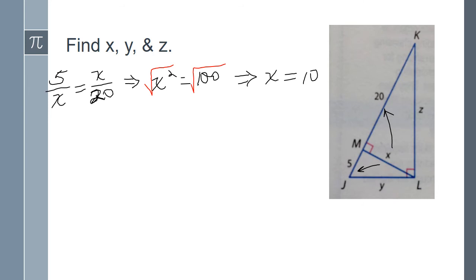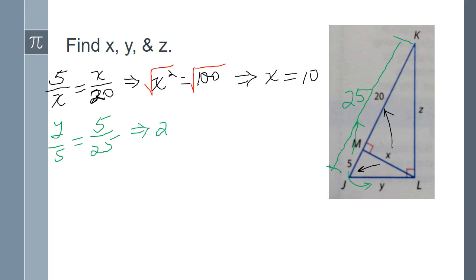Now we have to figure out, first of all, the length of this hypotenuse. So that's going to be 25. So we know that 5 is the geometric mean between y and 25. So y over 5 equals 5 over 25. So we end up with 25y equals 25.